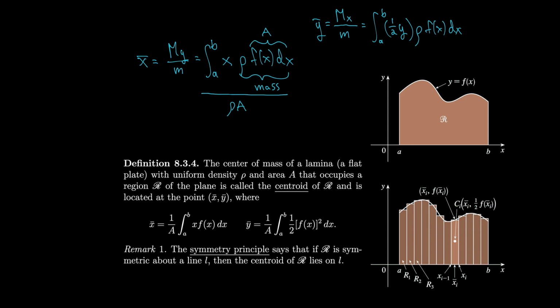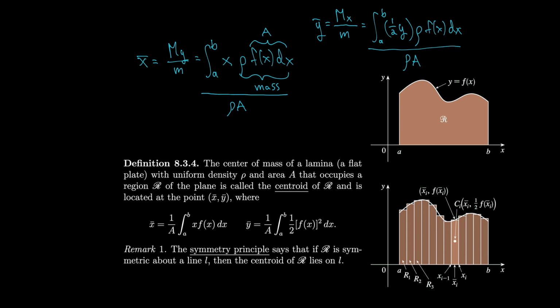So then y is f of x. So this is the exact same thing as just saying half of f of x squared, which is where this comes in. And as before, the rho will cancel out in top and bottom. So we just have to divide by rho times A, and then we get this.